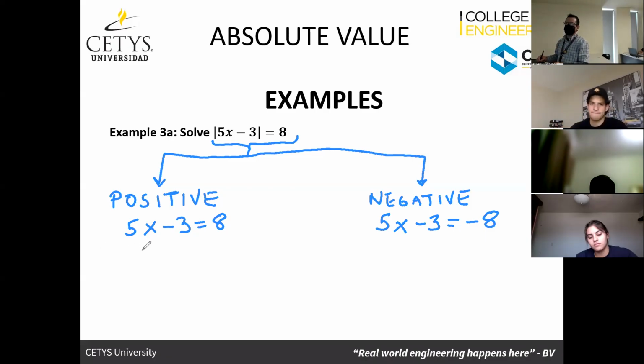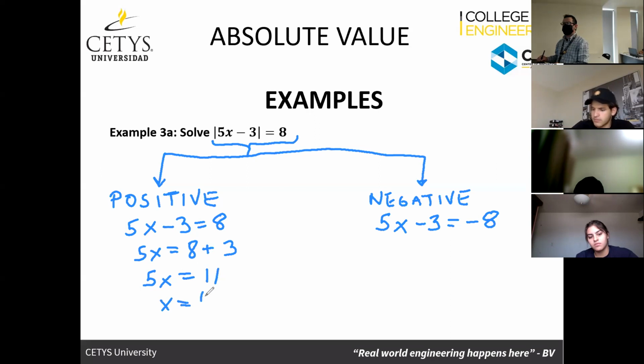And here, what we need to do is just 5x is equal to 8 plus 3. 5x is equal to 11, and x equals 11 divided by 5.